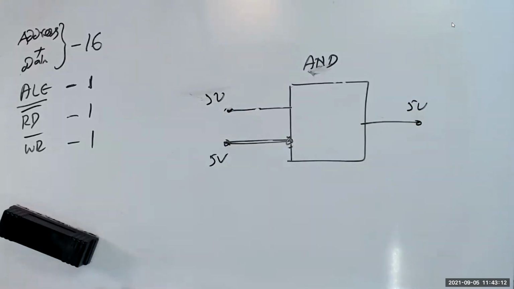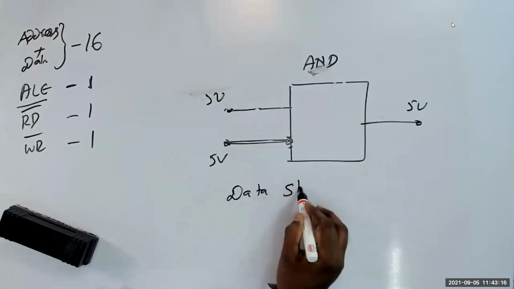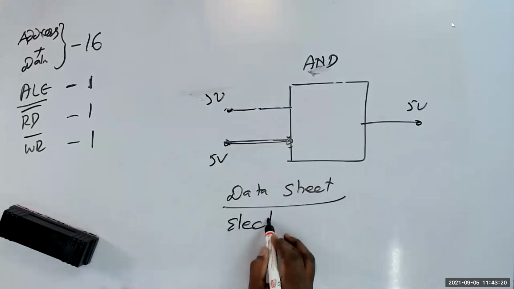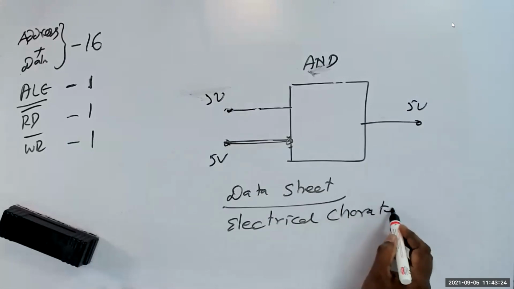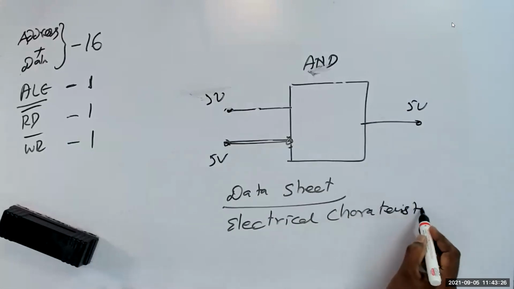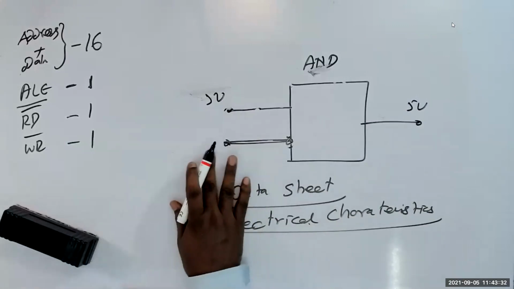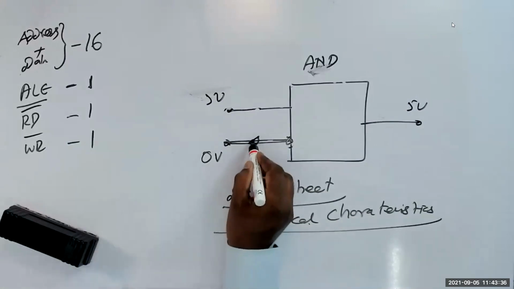But if you go and see the data sheet and electrical characteristics, they will mention, if the pin is 0 volt, the current will be, let's say, 1 milliampere.